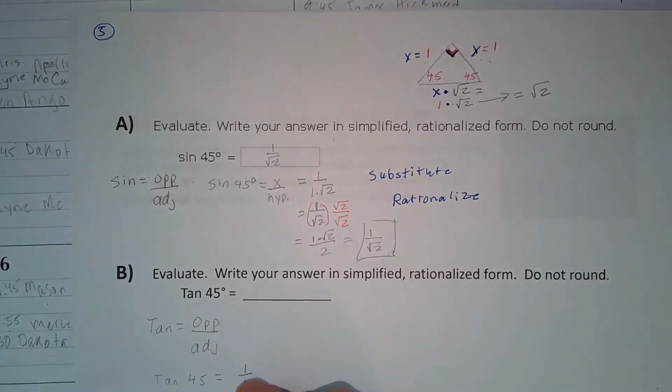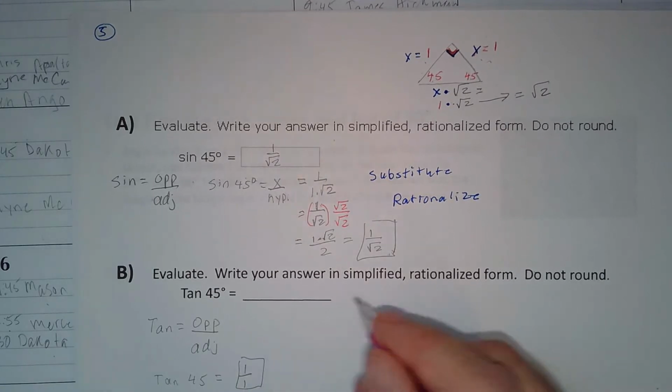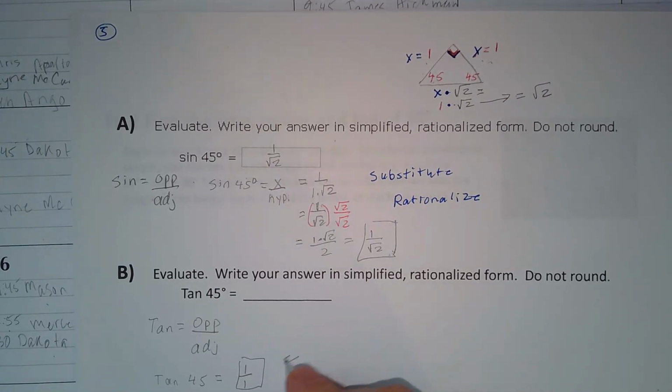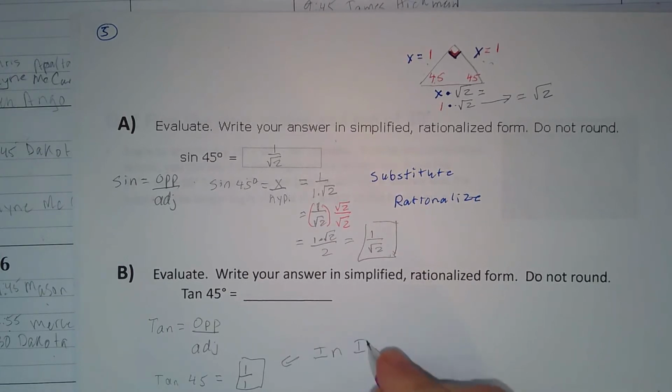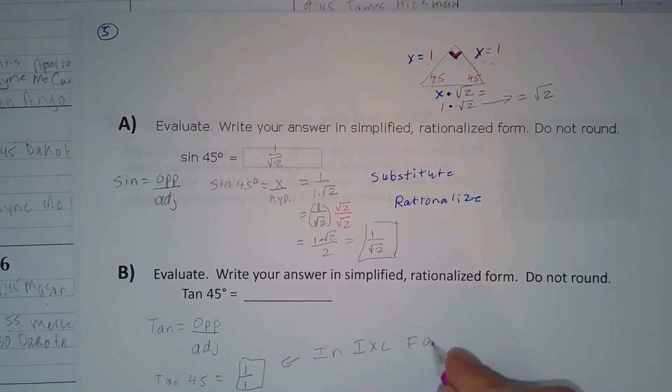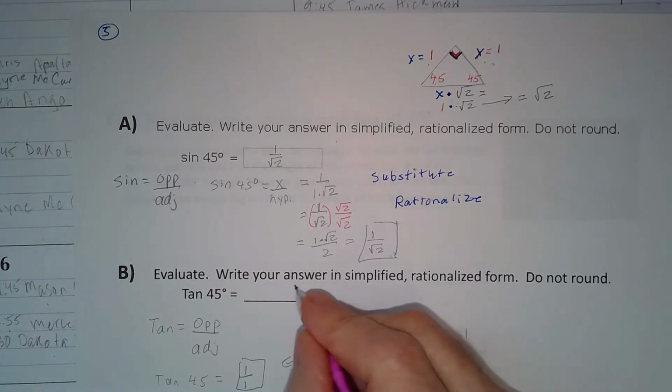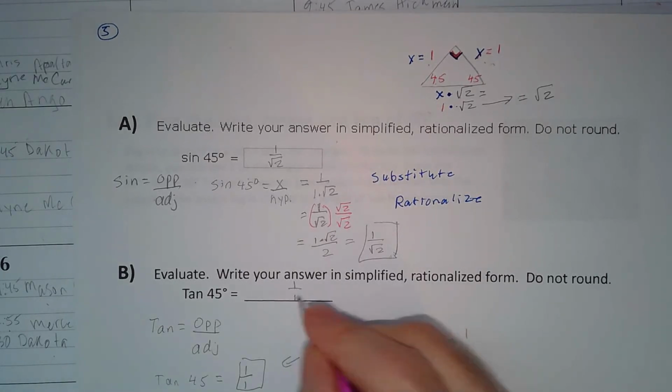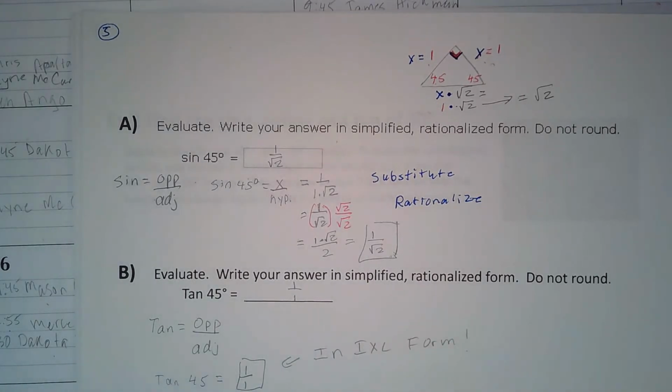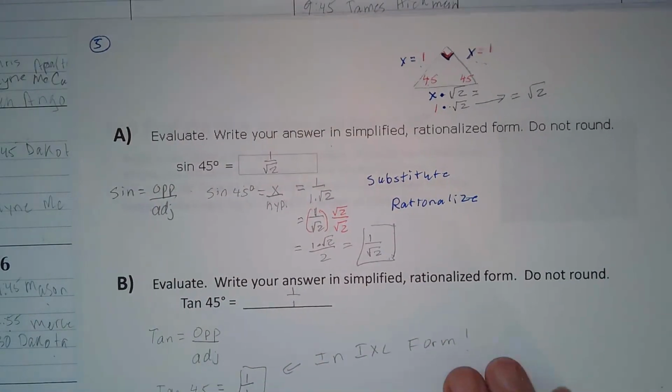So it's 1 over 1. And so this is in the form that IXL wants it. So you put it in there, and then it tells you it's correct. Okay? All right.